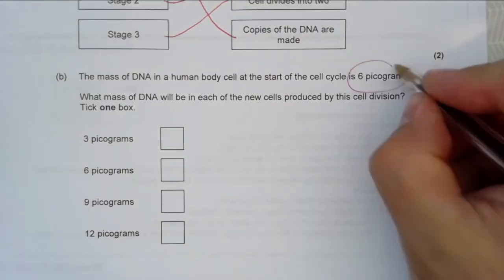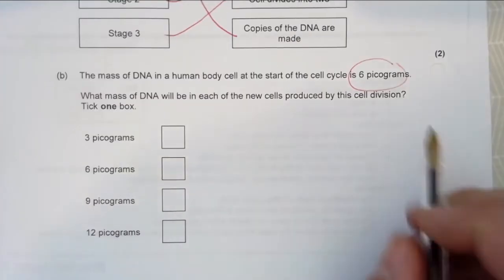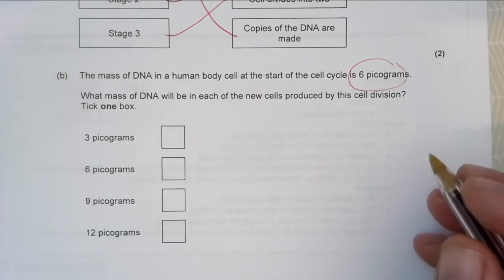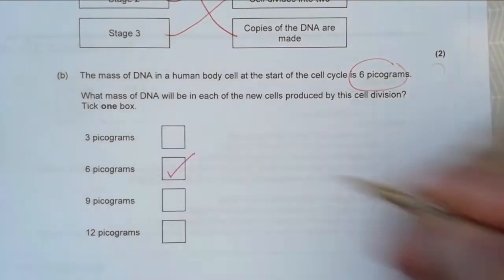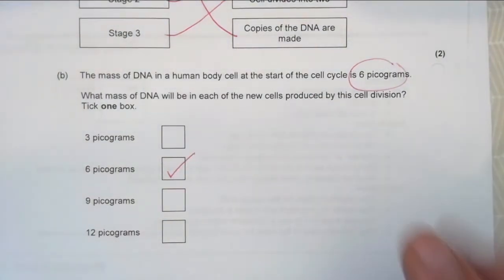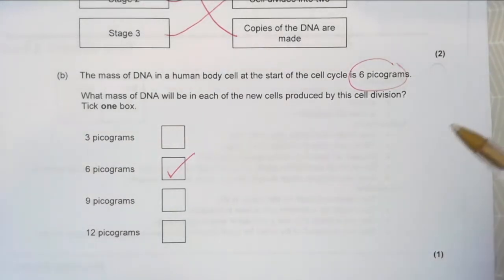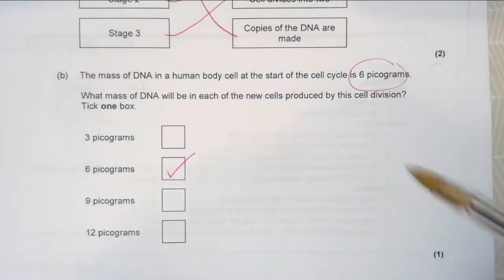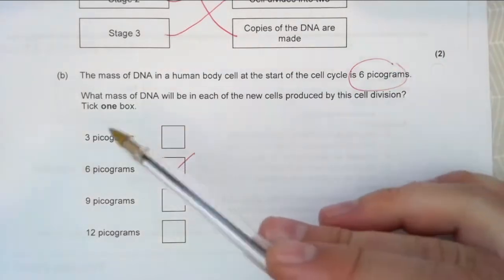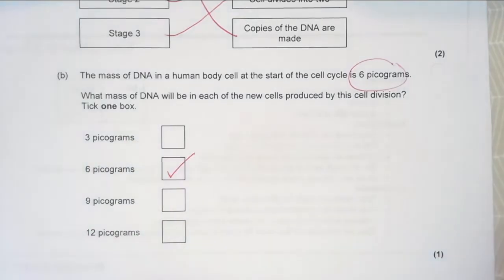So if the parent cell had 6 picograms, then the daughter cell will also have 6 picograms. If this had been meiosis, then you would have had half the number of chromosomes, hence the mass of DNA would probably be half. So if it were meiosis, then we'd be looking at 3 picograms.